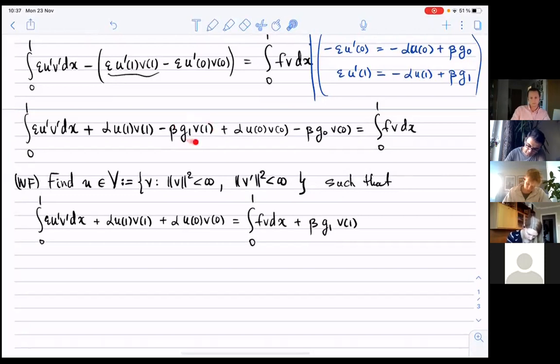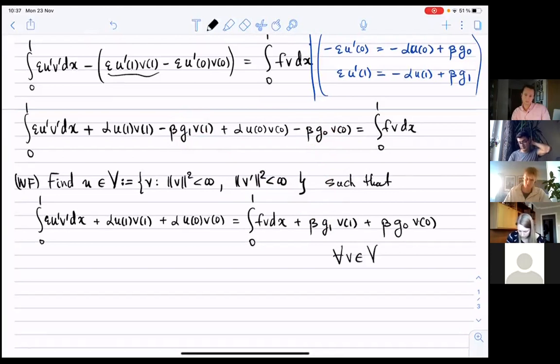So you see, I'm moving this one to the right-hand side. Then I have to move that one also to the right-hand side. It's going to be plus g0 v of 0. This is true for all v from this space, capital V. So this is a weak formulation. I can just draw it like this.